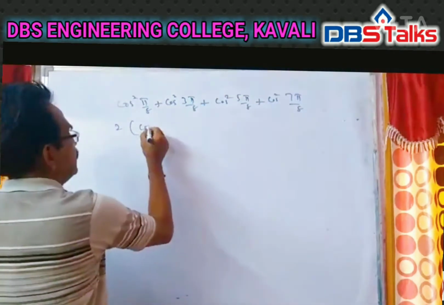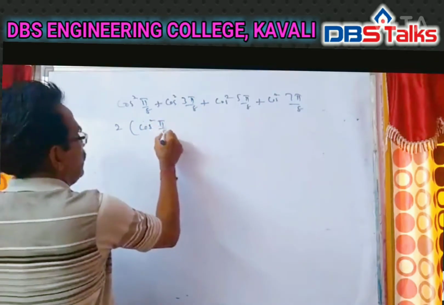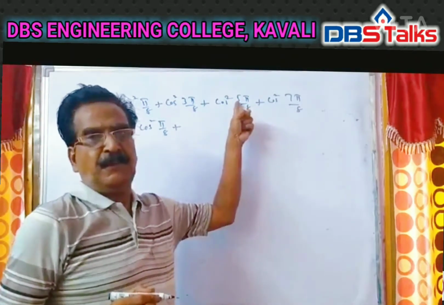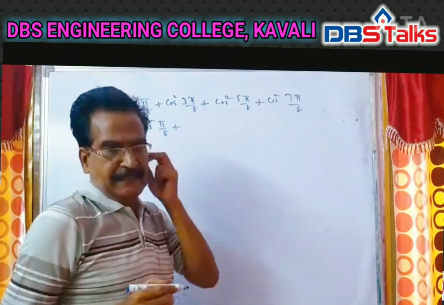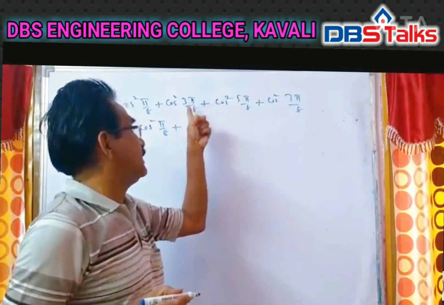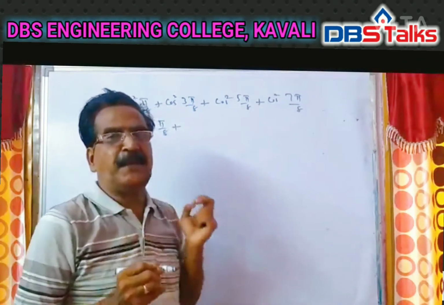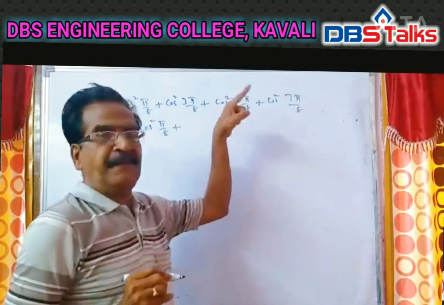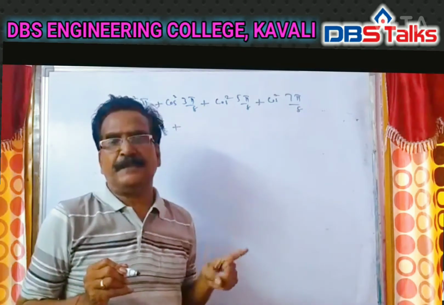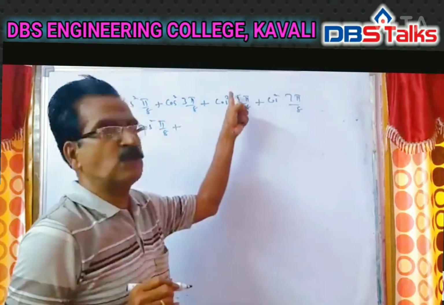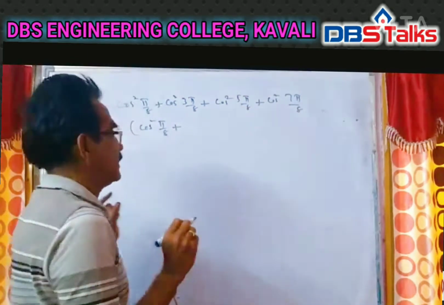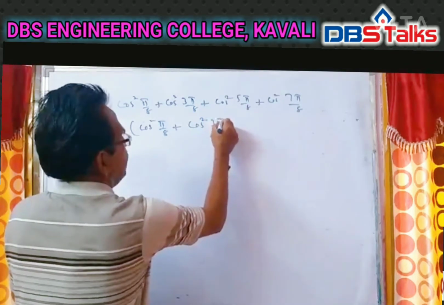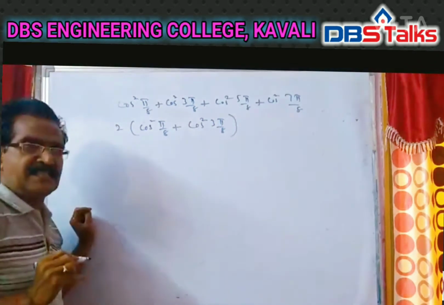Then 5 pi by 8 can be written as pi minus 3 pi by 8. Of course, cos of pi minus theta is minus cos theta, but square is there, so it becomes plus again. So cos square pi by 8 plus cos square 3 pi by 8. Right friends? This is the first step.